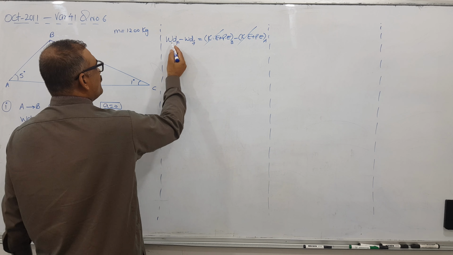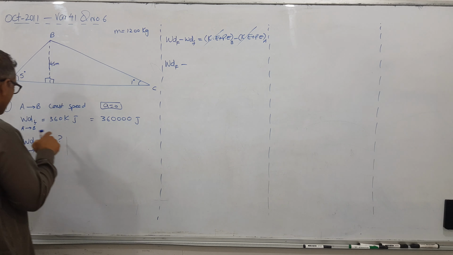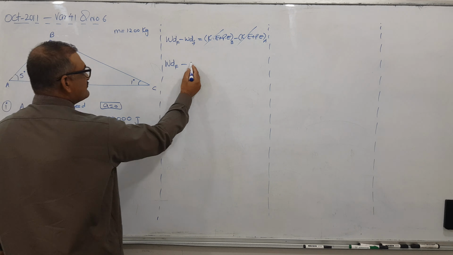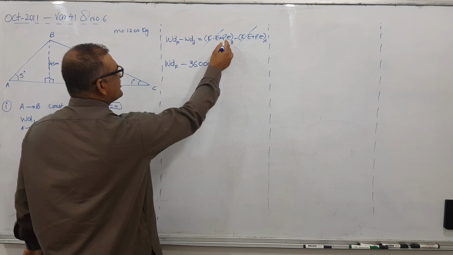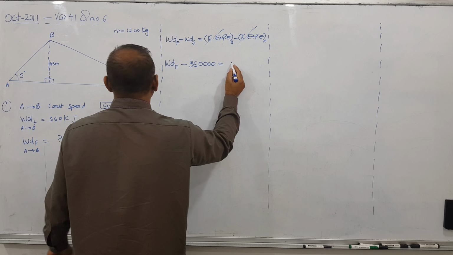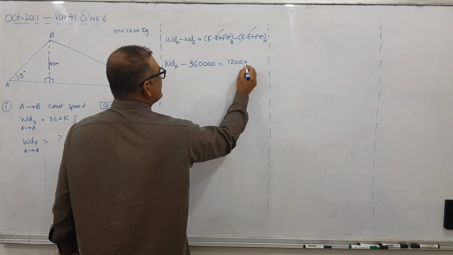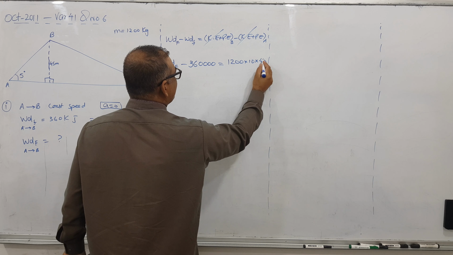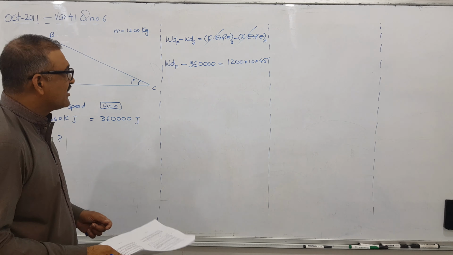So work done by applied force, our question, work done by friction force is given 3640, and this is mgh, mass is 1200, g is 10, and h is 45, because it is mentioned here, 45. Now we can calculate easily.